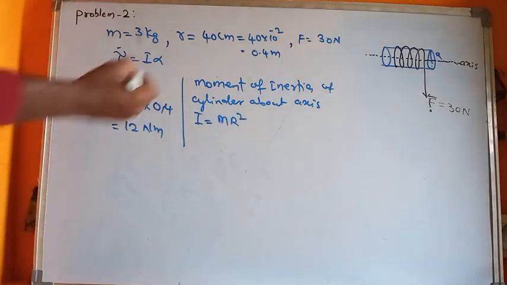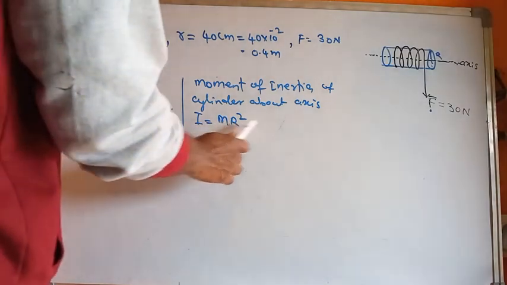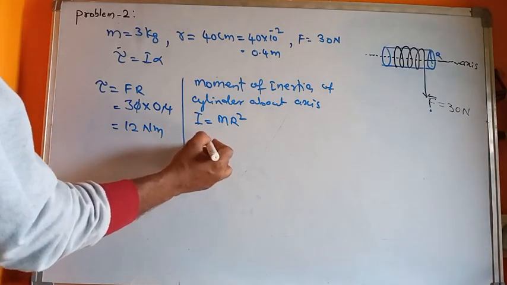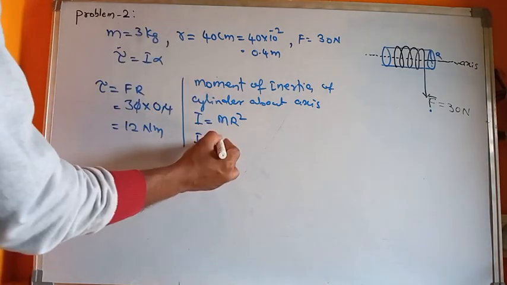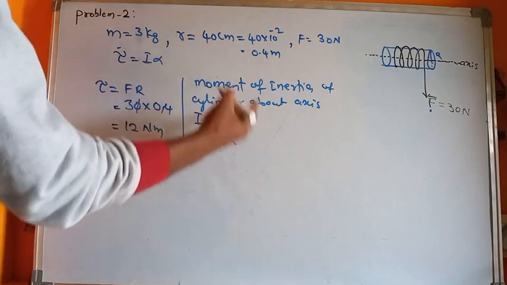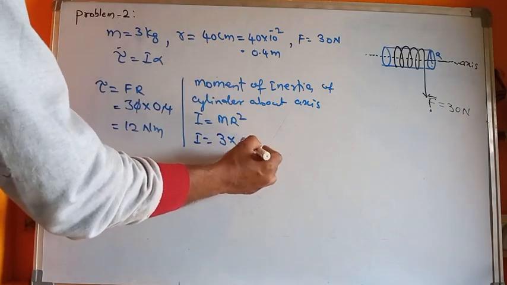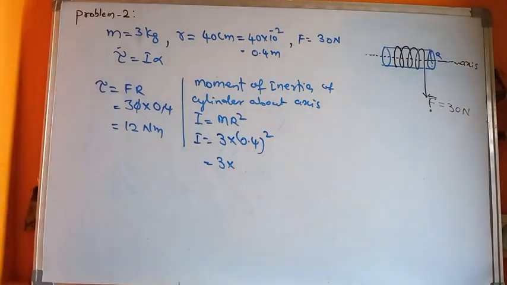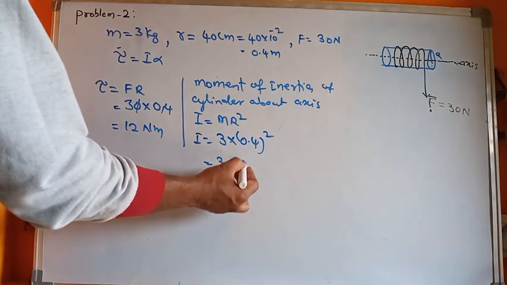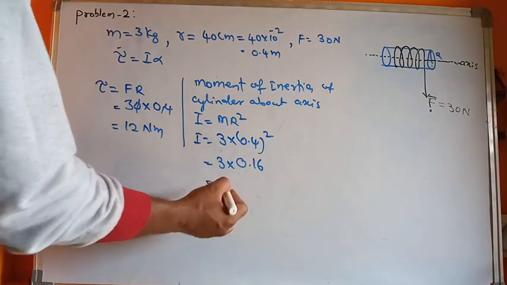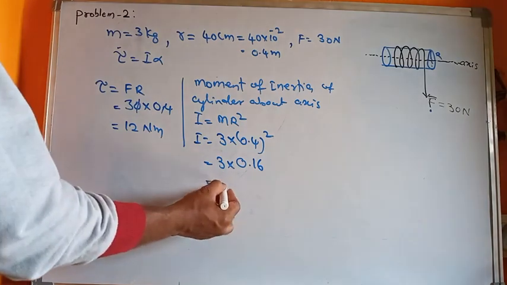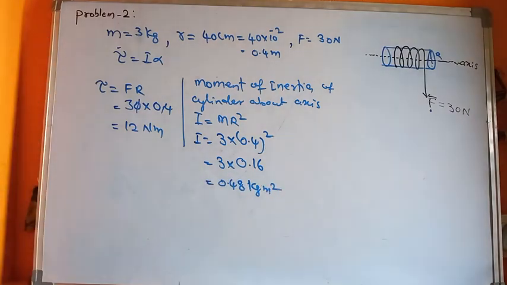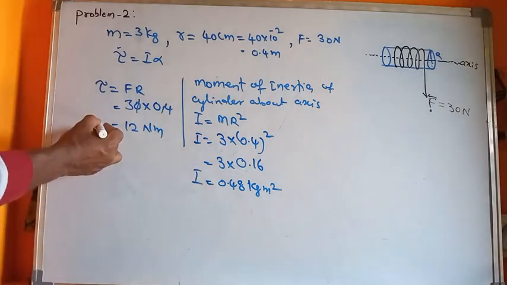We have a tabular form in the textbook, you can see that there. From that, I is equal to m, the mass of the cylinder is 3 kg, and the radius is 0.4 meter squared. It is 3 into 0.16, which is equal to 0.48 kg meter square.